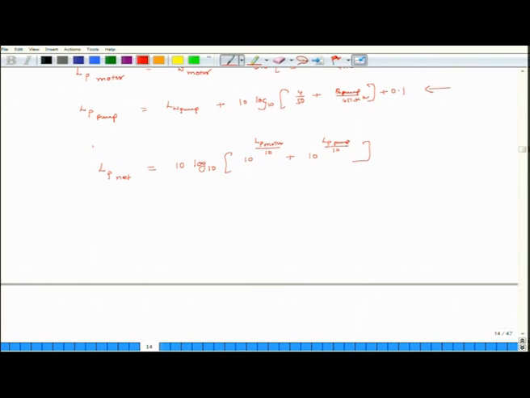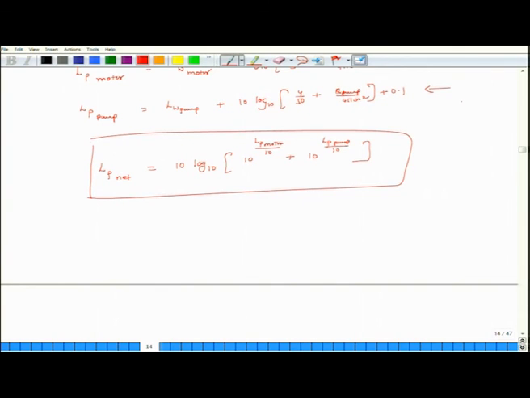This is how we get the overall decibel level if the directivity was different. If the directivity was the same, I can do it the earlier way and get the same answer, but if it was different, I have to use this approach.